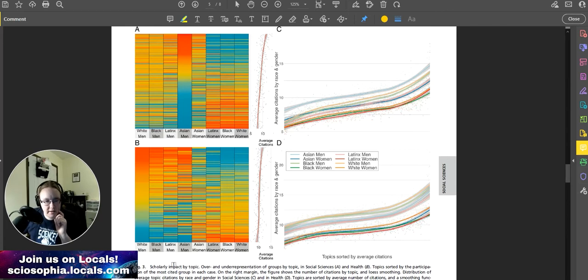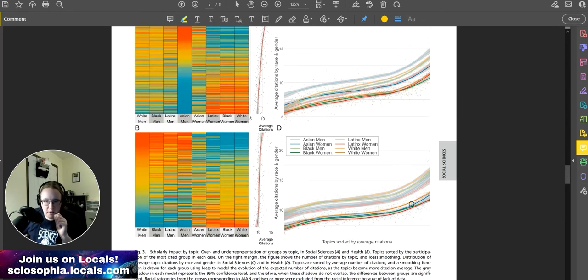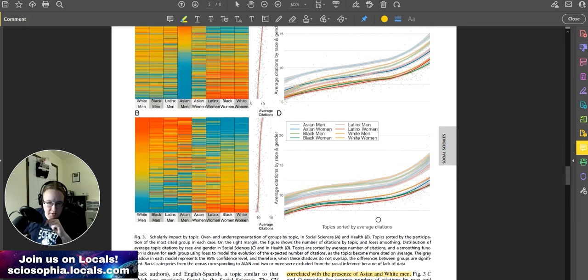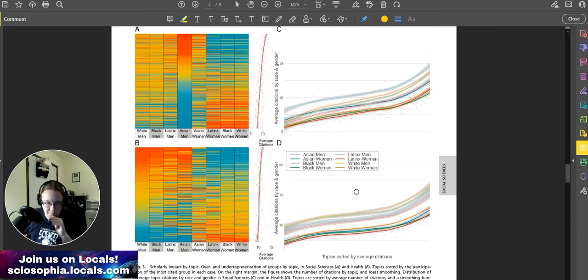Let's see. Oh, one thing I want to make a point on here. One of the things they're arguing with this figure is that there's a statistically significant difference between the average citation rate by race and gender, again, looking in here, for each of these things.